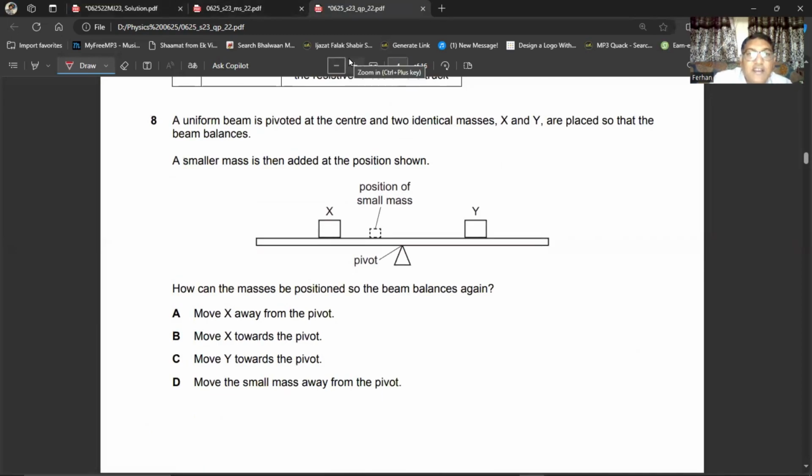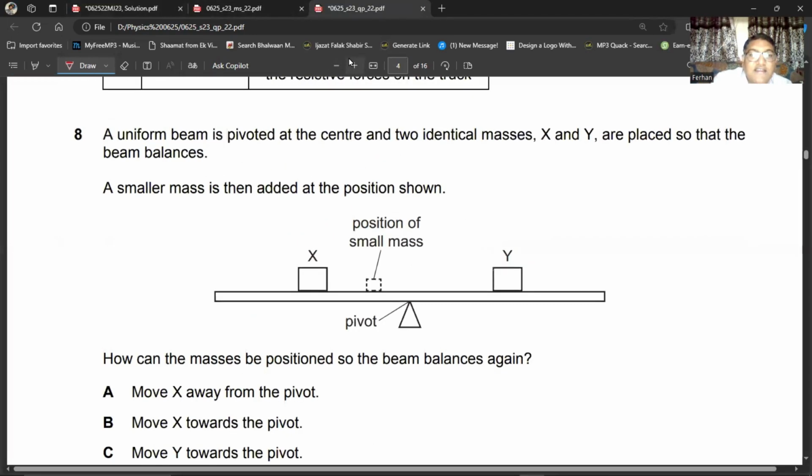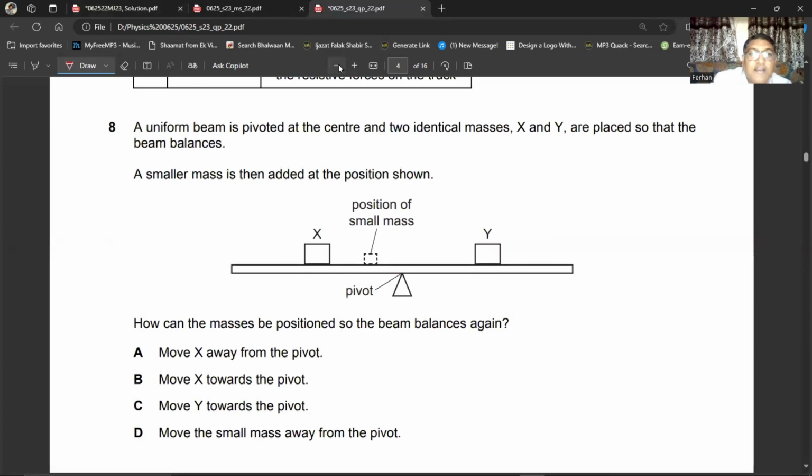Question number 8 is on your screen, and he says a uniform beam is pivoted at the center and two identical masses X and Y are placed so that the beam balances. A smaller mass is then added at the position shown. So this whole thing is in balance, and all of a sudden you have put a small mass here.